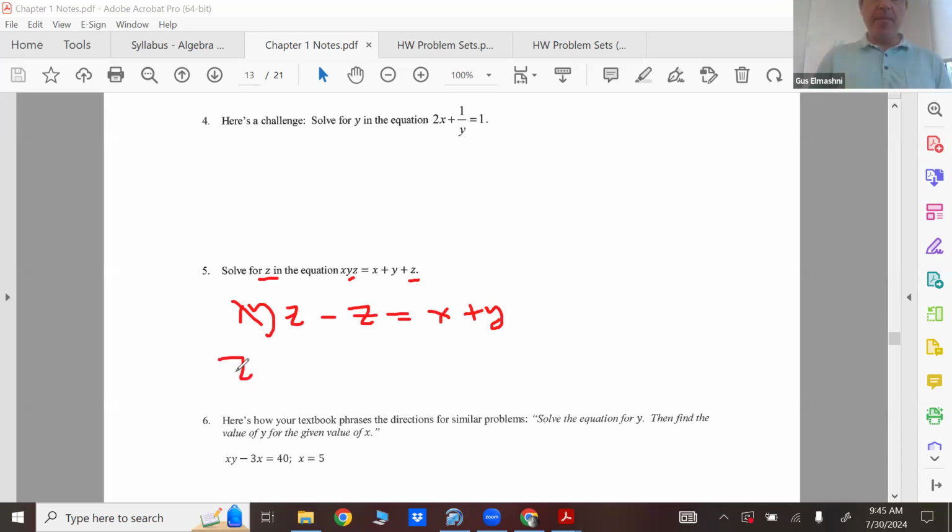Now be careful when you pull it out. It's xy minus 1. Think about it. If you put z back in, you've got to get back to this, right? What I've seen some students do is pull the z out, and when they see a single z here, they don't think to put the -1.